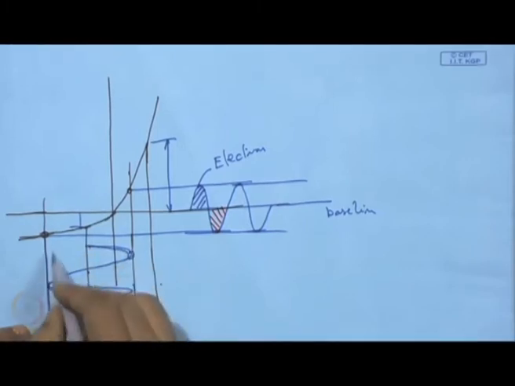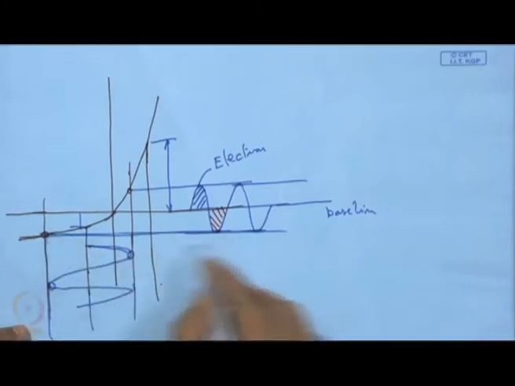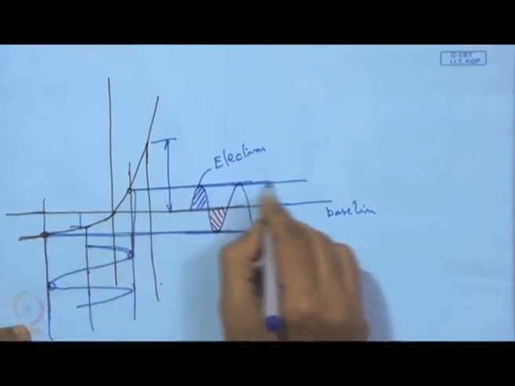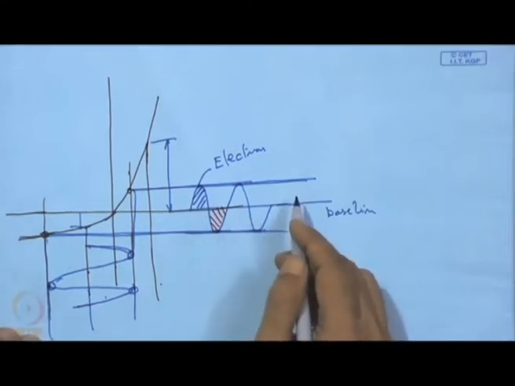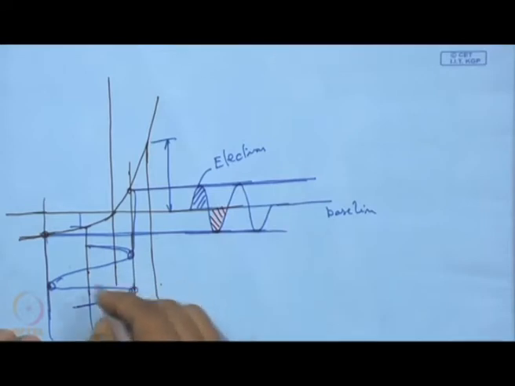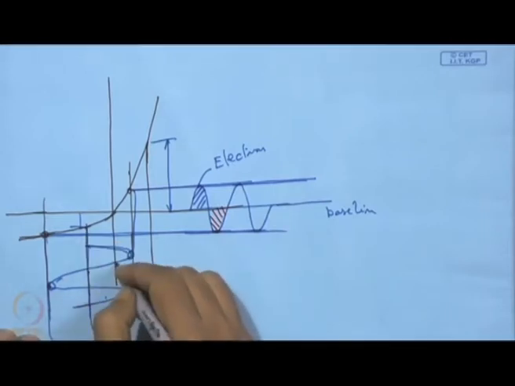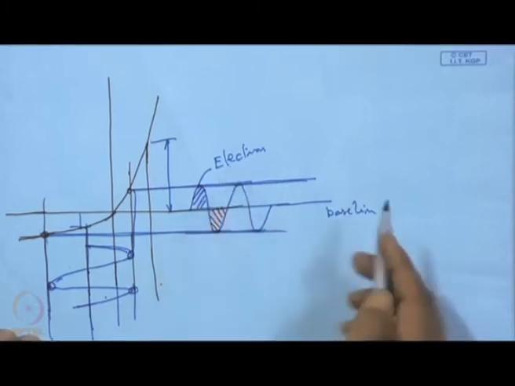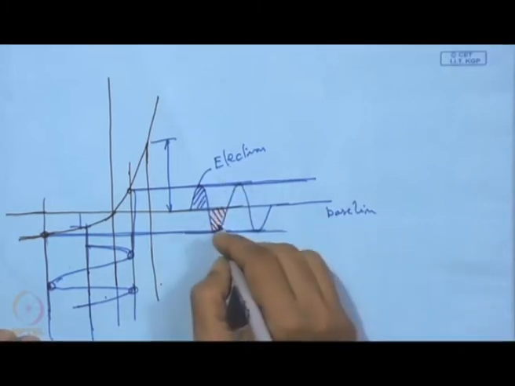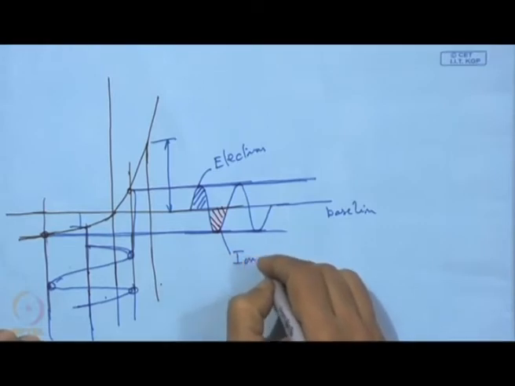This point is transferred here and this point is transferred here. So, this is the input signal, this is actually the applied cathode voltage and this is the cathode current, and just by shifting this baseline from this line, we can get equalization of electron current and ion current.